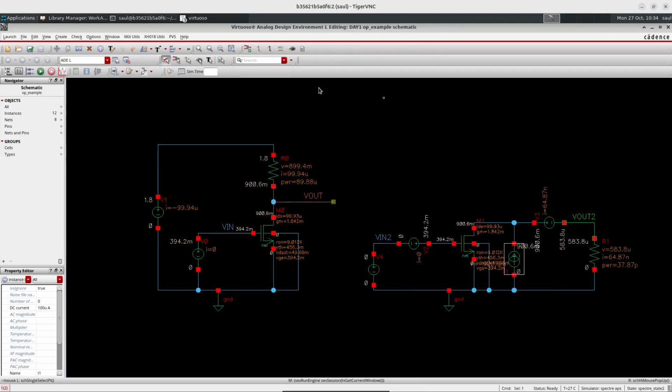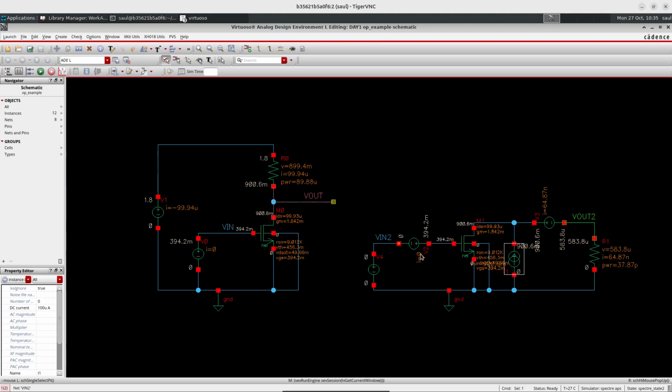Okay, at the beginning, without moving the operating point, we have that my input voltage is centered at 394 millis, and the output is centered at 900 millis. But when I put these voltage sources like this and the current source like this, now I have 0 as my input here and 0 as my output here. So I have effectively removed the operating point. I have moved the operating point towards the origin.